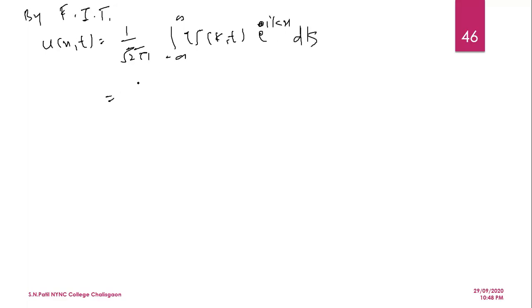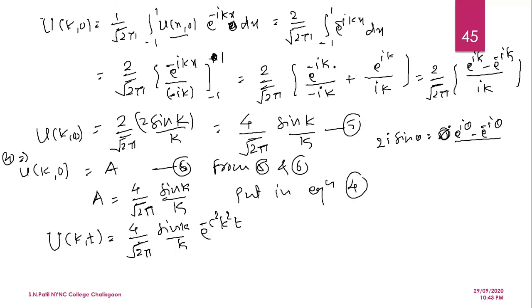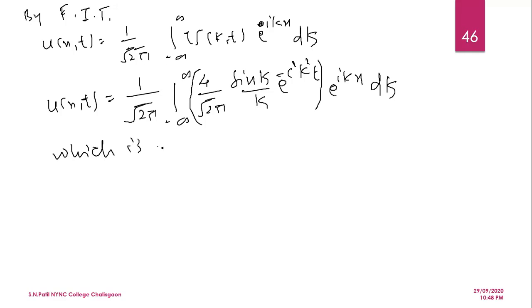Substitute the value of capital U: 1 upon under root 2 pi integral from minus infinity to plus infinity of 4 upon under root 2 pi sine of k divided by k e to the power minus c square k square t, into e raised to ikx dk. This is the value of u with respect to k, which is the required solution of equation 1.